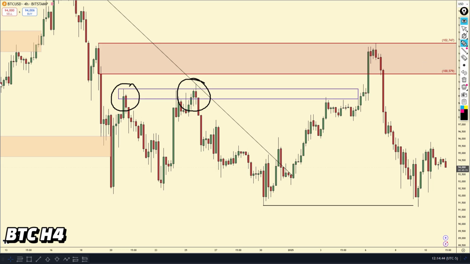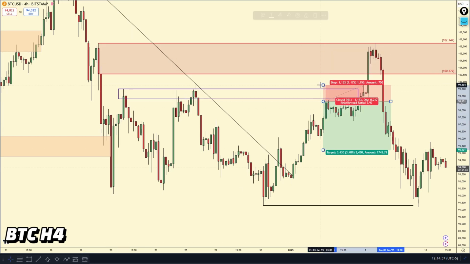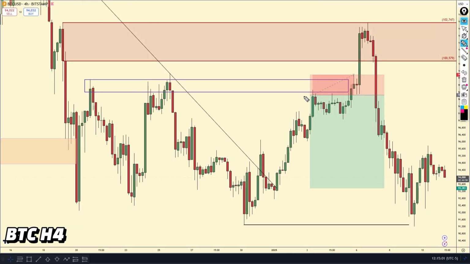But why do these work? Well, for this example, let's say traders saw the second touch, then they draw their resistance box and they want to trade the support resistance area. Maybe their risk reward tool looks something like this, where they're trading the zone like that. So what that means is they are shorting right here and their stop loss is right here.